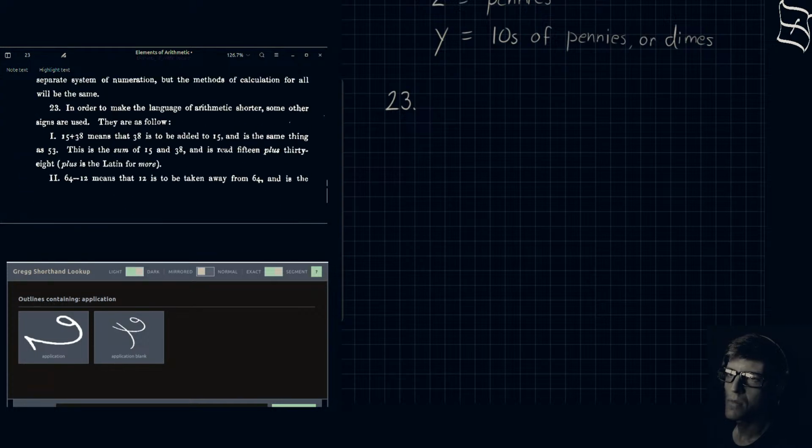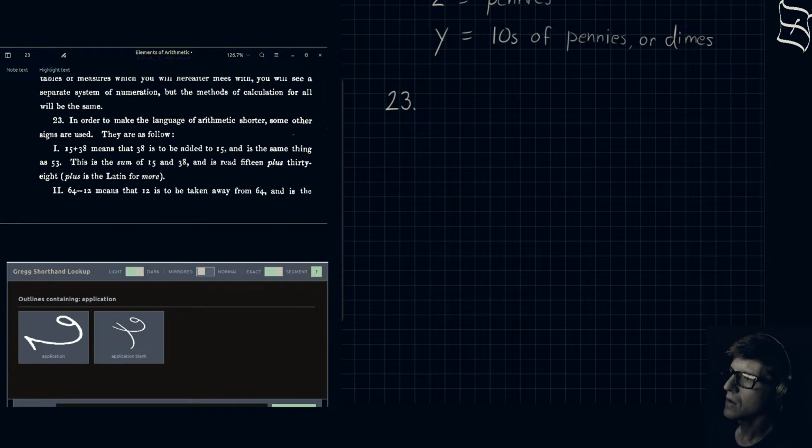So to reduce the wording, or to reduce the language, for arithmetic operations.